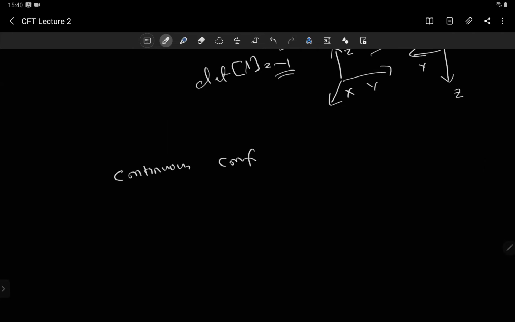So we are now going to look at continuous conformal transformations. We look at continuous transformations for many reasons. For instance, one reason is Noether's theorem, which tells you that for every continuous symmetry there is a corresponding Noether charge. Then the other thing is that for continuous transformations there is, for instance, the Lorentz group.